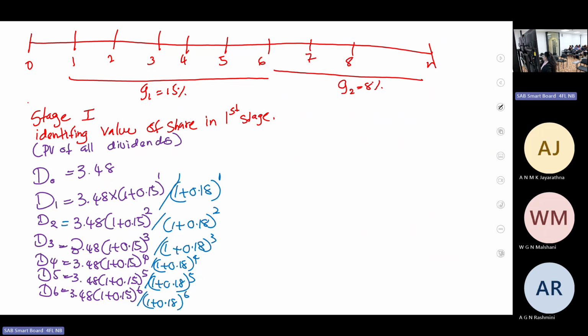Take the values from year 1 to year 6, add them and take the summation. That should be around 19 point something.